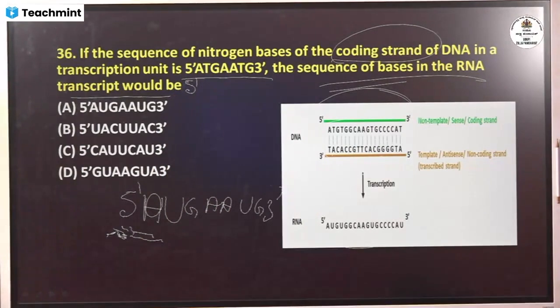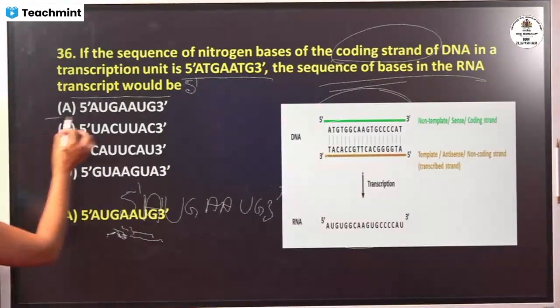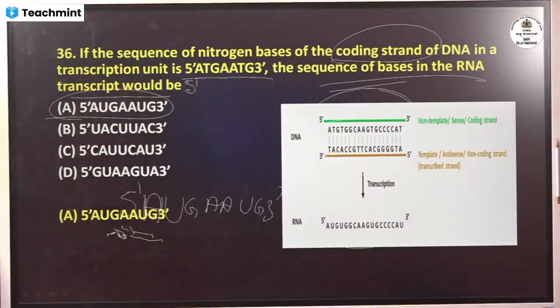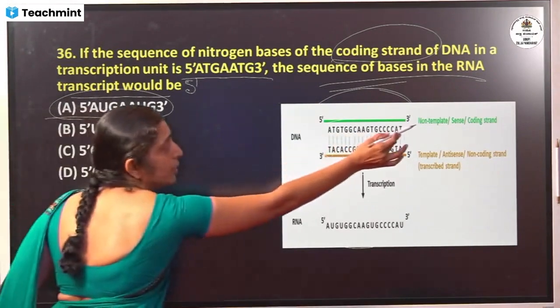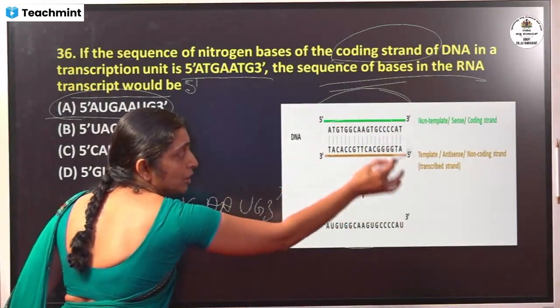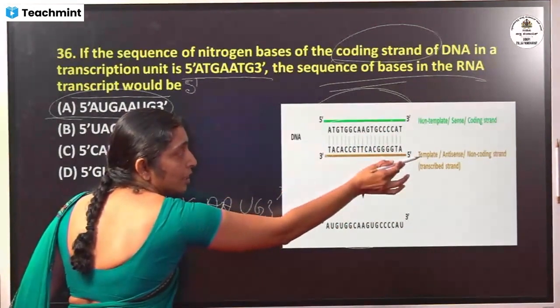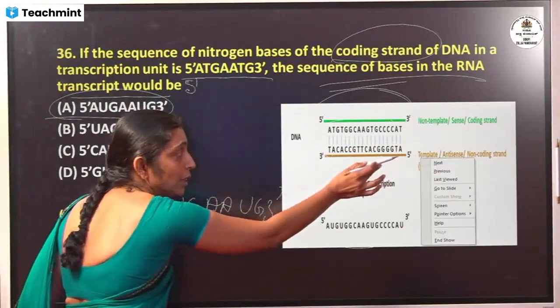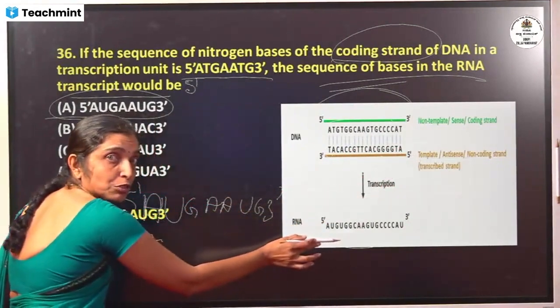So which is the right option over here? The option is A, wherein you have 5' AUG AAUG 3'. Once again I repeat, your coding strand and your non-coding strand are complementary. It is your non-coding strand, or the template, which is transcribed into the mRNA.